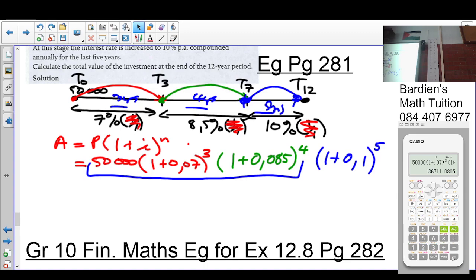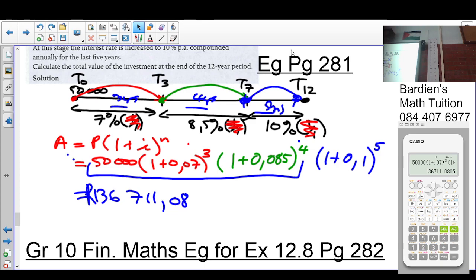So I get 136,711 rand and 8 cents. You all agree with that? 136,711 and 8 cents. Okay. Any confusion there?